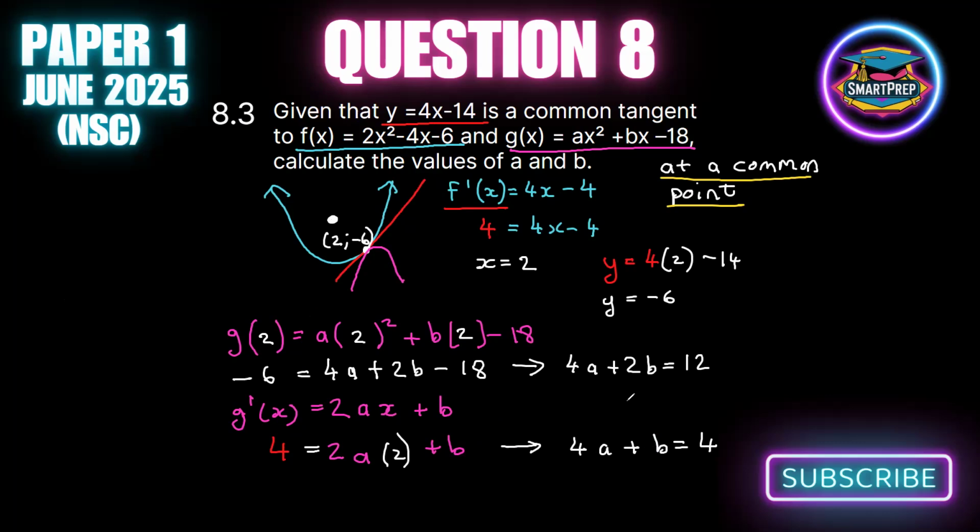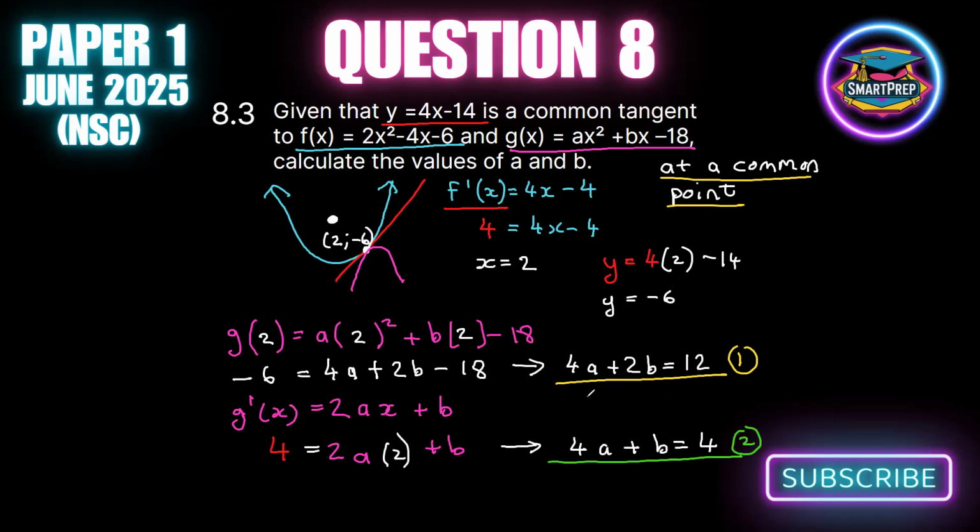Now we have 2 equations for a and b. So I'm going to do this one in yellow and this one in green, so you can see what I'm talking about. So this is equation 2 and this is equation 1. And now we simply do simultaneous equations, right?